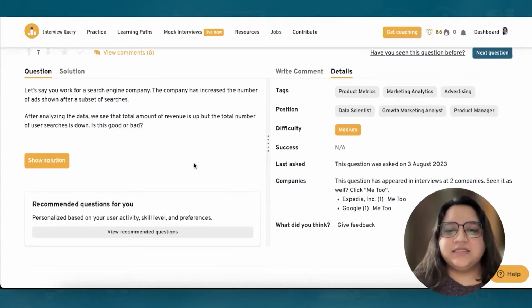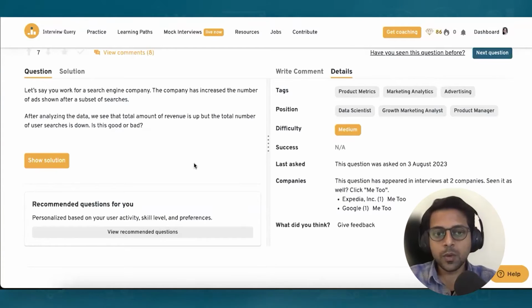Okay, so we can say that the average time a user is spending on searching is down, but the total click-through rate is up for revenue. Yeah. Here, the question says that the total number of user searches is down. So we can't really say whether it correlates with more time for the session or not. But that could be one of the hypotheses, yes.